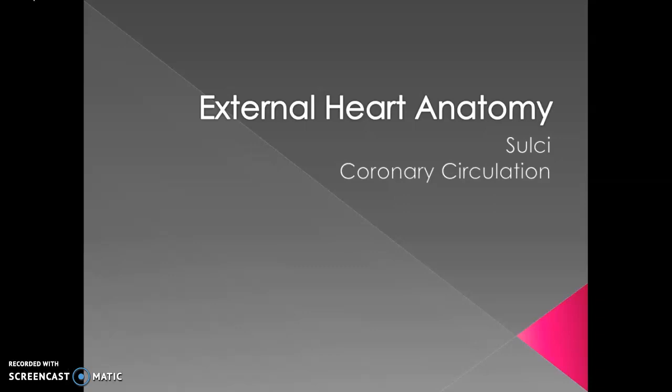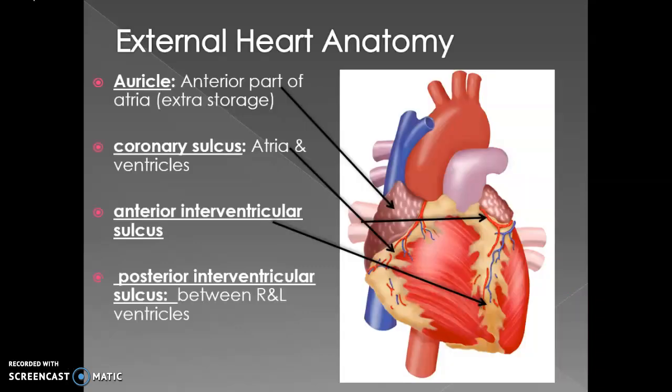Along these depressions, we will find some major blood vessels that carry oxygenated blood to the heart and also drain the heart itself. So we will have arteries and veins sticking to these sulci. And also we will start talking about coronary circulation, meaning how the blood goes into the heart and how the deoxygenated blood is drained away from the heart.